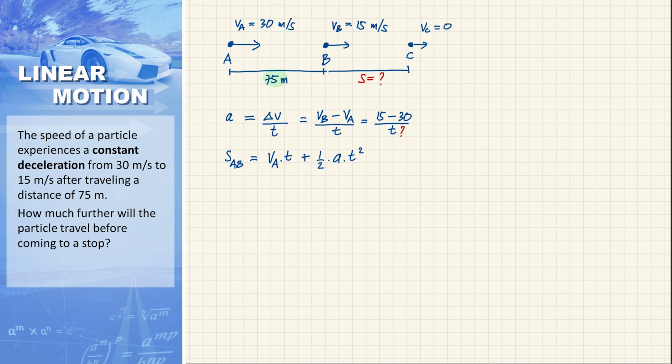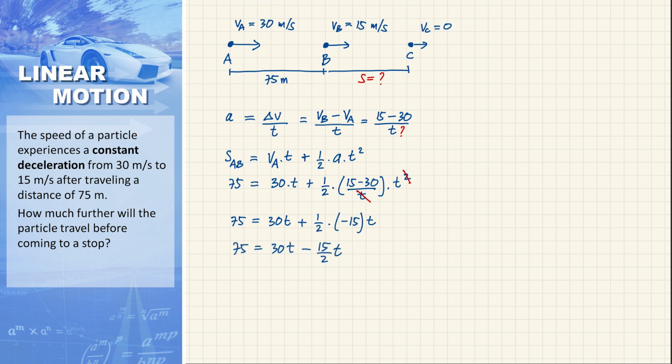We substitute SAB as 75 meters, VA with 30, multiplied by t, plus 1/2 times the value of A from here, and times t square. In the last term, t can cancel each other out. Thus, we get 30t plus 1/2 times minus 15 times t.